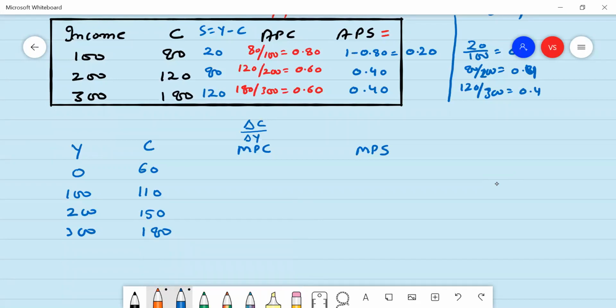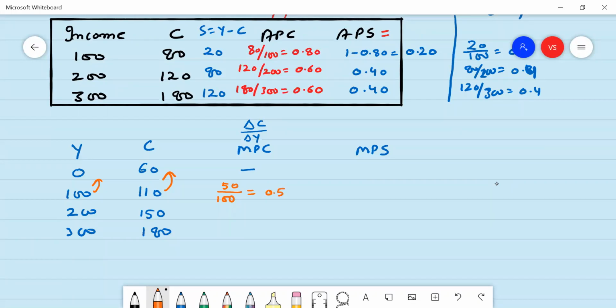Now the first you cannot calculate. Now delta C means change of this one. So 110 to 60, the difference is 50. This is the difference you have to take, 50. And delta Y, the difference from this to this, is 100. So your answer is 0.5.